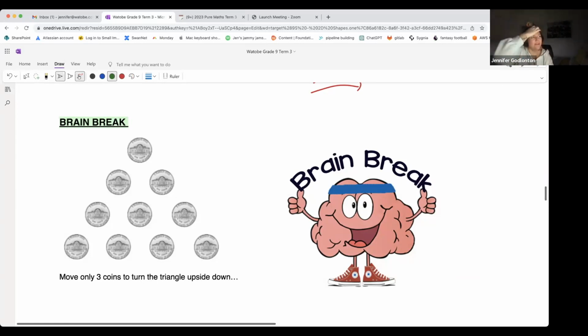Okay, Vuya, can you help me? Ma'am, can't you just move the middle 3 to the bottom, and then just these 3 here. Yes, ma'am. But then what's going to happen with this top one?